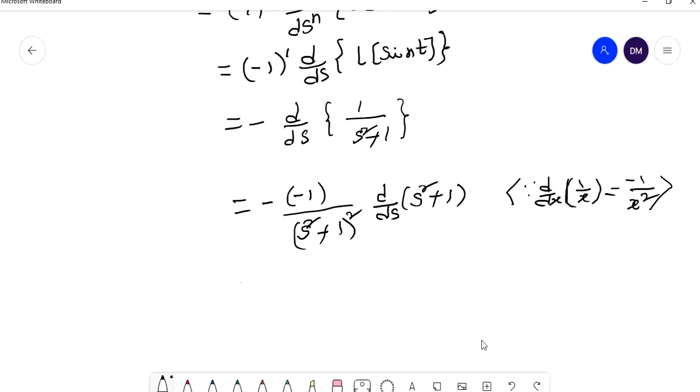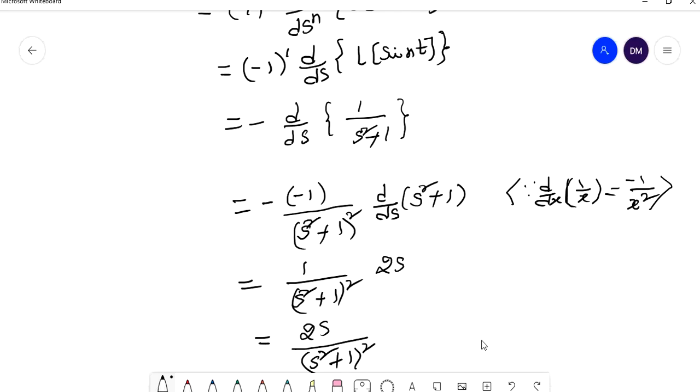Right. So this is equal to, minus of minus 1 is 1 by s square plus 1 whole square. Now the derivative of s square plus 1 with respect to s is 2s. So this is equal to 2s by s square plus 1 whole square. Right.